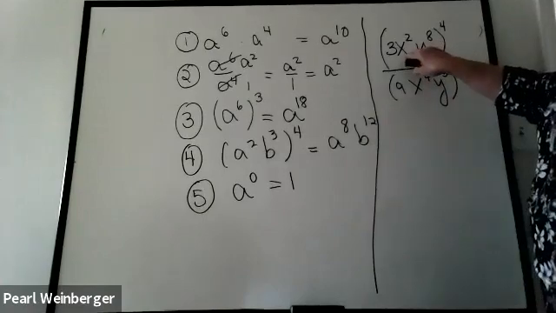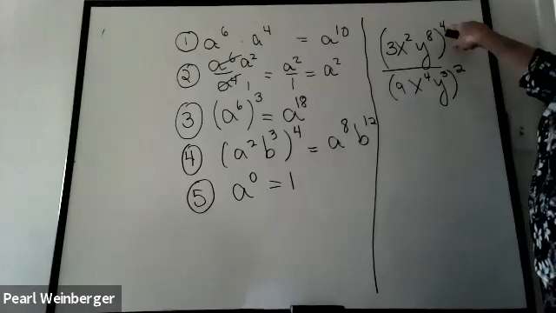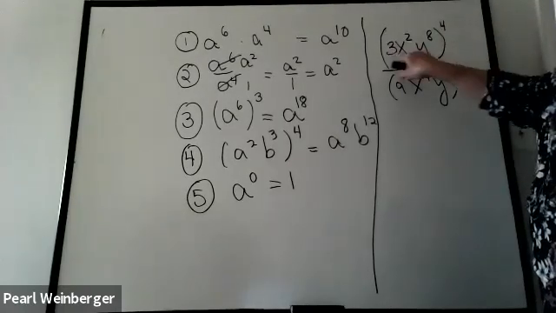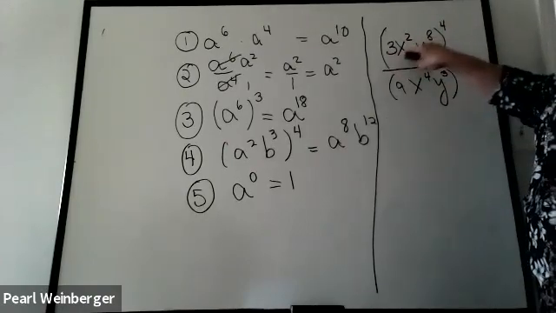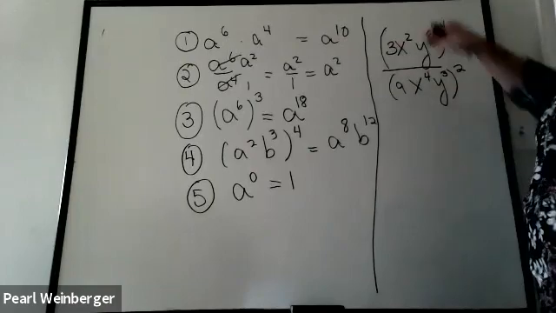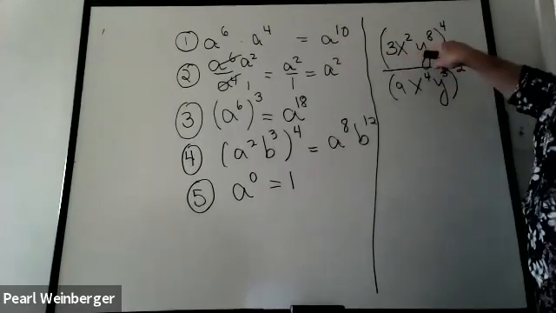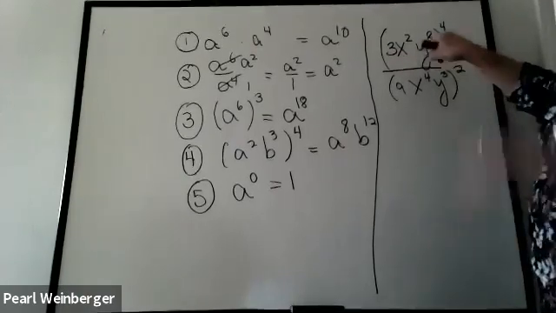Now, if I look at the numerator, there is a parentheses and there's a 4 exponent on the outside. That means I've got to distribute this 4 exponent to each one of these, what I'll call factors. The 3, the x squared, and the y to the 8th.